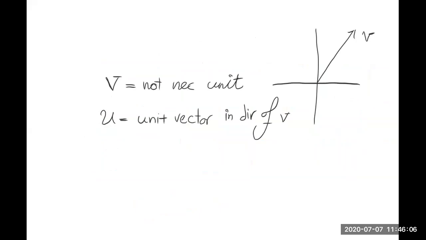U is something like this. We can measure this angle with the x-axis. Say this angle is theta, right? We just said u is equal to cosine of theta and sine of theta, right?